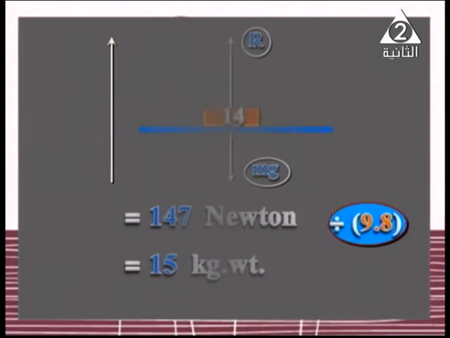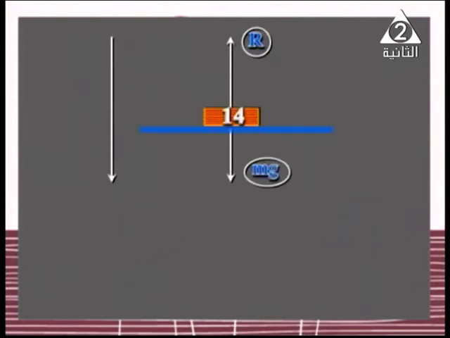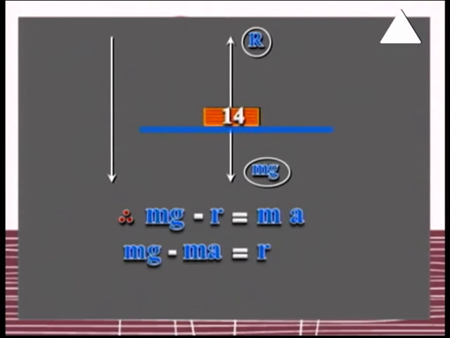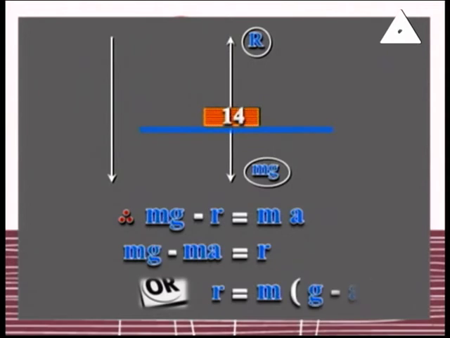In the second case, my dear student, the motion is downward. mg minus r equals ma. Therefore, mg minus ma equals r. By using m as the common factor, r equals m multiplied by g minus a.